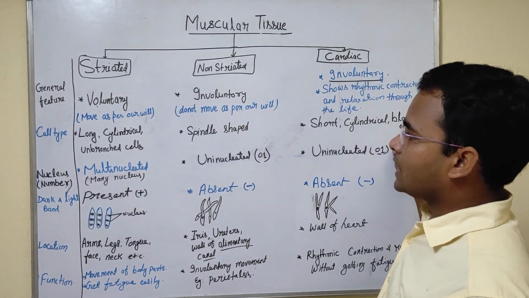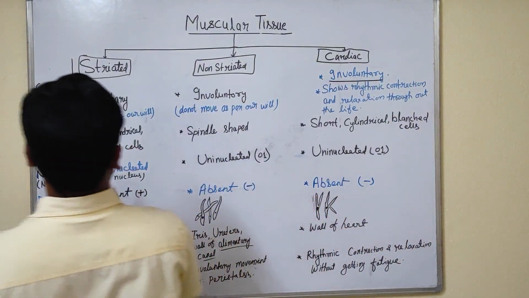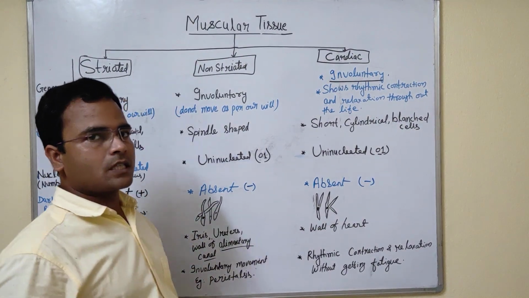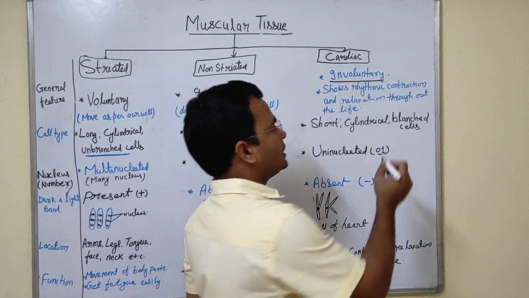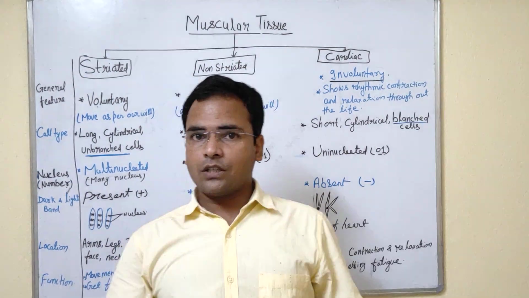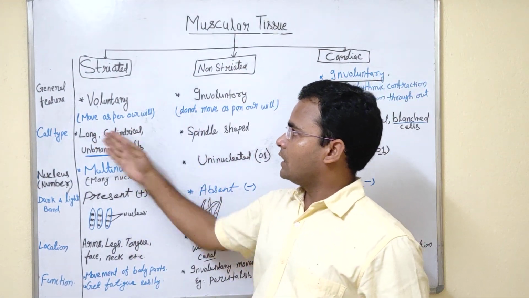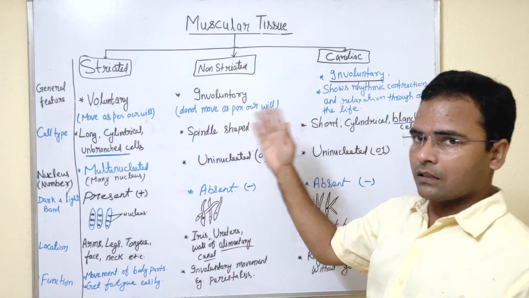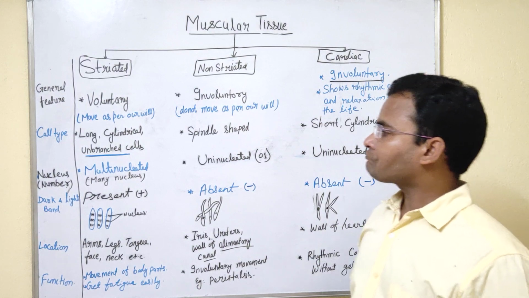And it will be branched. In the striated muscle, the cells were unbranched, but in cardiac muscle they are branched. So this is one of the major differences between the striated and cardiac. And the similarity is that both are cylindrical type cells.